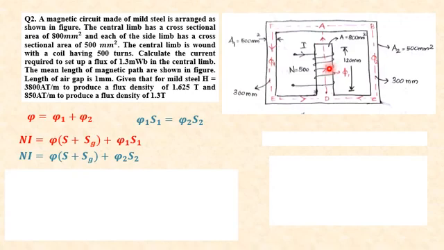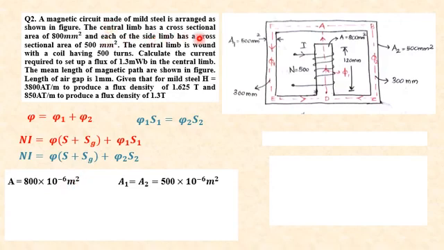So before going to the problem, let's first write down the given parameters. First of all, the area of cross section of the central limb, A equal to 800 mm square, that is 800 into 10 raised to minus 6 meters square.